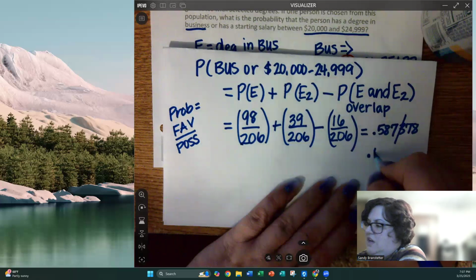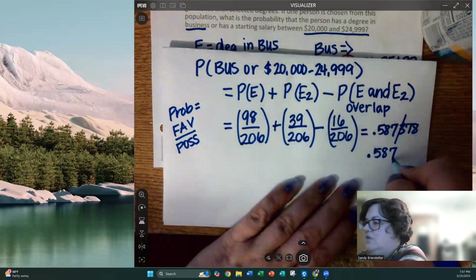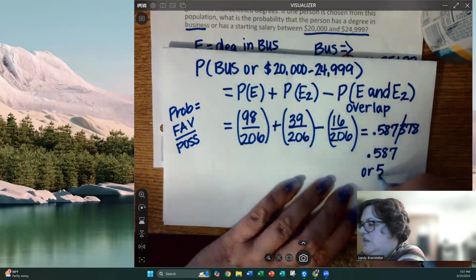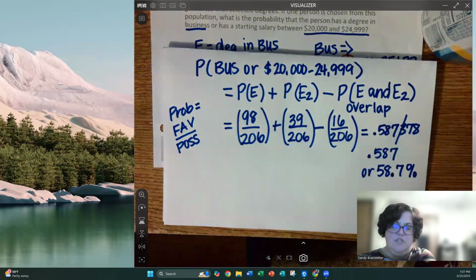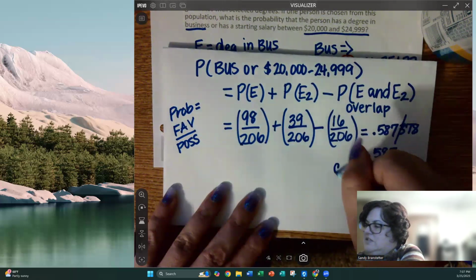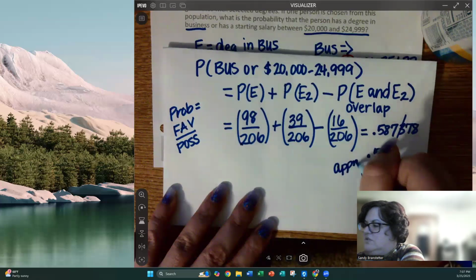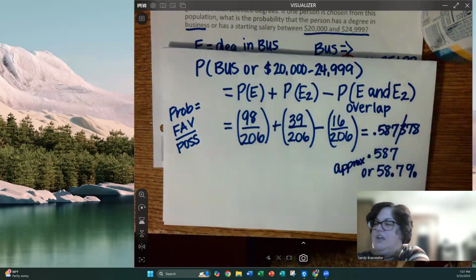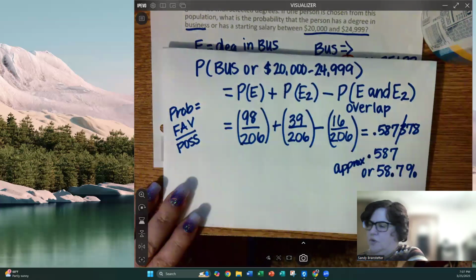So 0.587 or 58.7%. To change a decimal to a percent, we move the decimal point 2 places. Remember, again, these are approximate values. If you need an exact answer, then you need to leave it in fraction form.